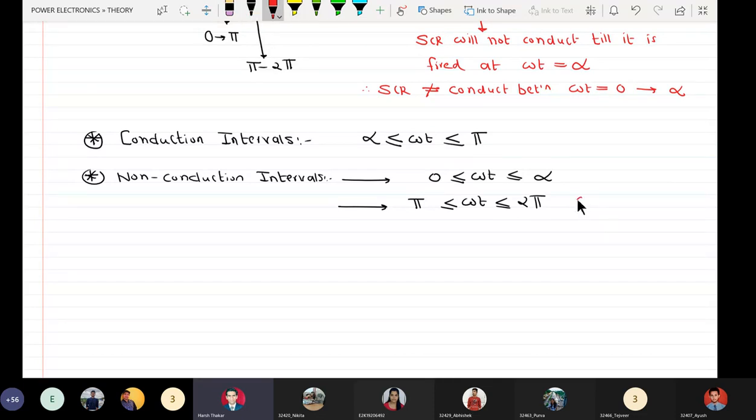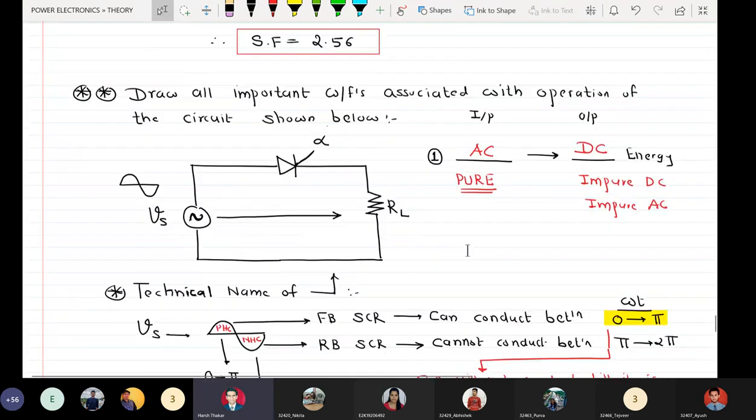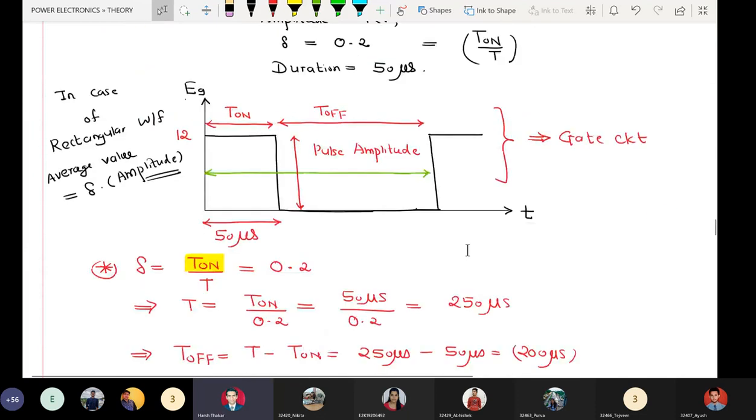So the entire negative half cycle will be blocking. The further discussion will be taken up in the next lecture.